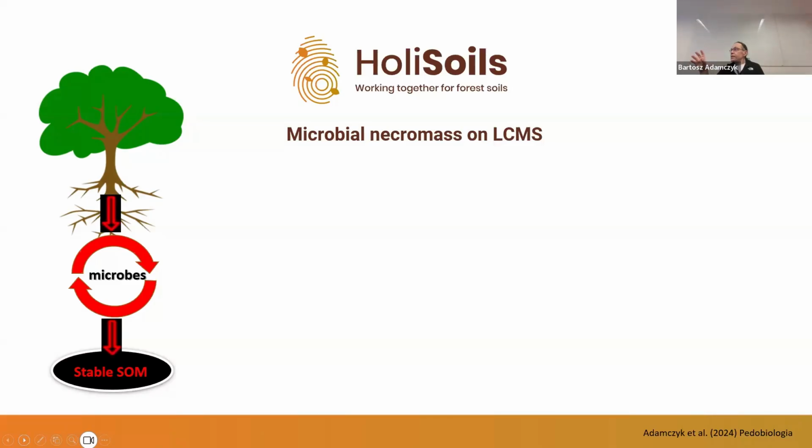And later, microbes are feeding on the litter, they are growing their biomass. Later, of course, they are dying. And from this death of microbes, quite a big amount of stable carbon is formed. So now, as you know, why to study microbial necromass. Next, please.